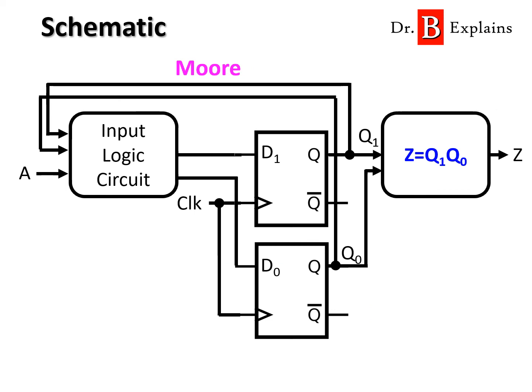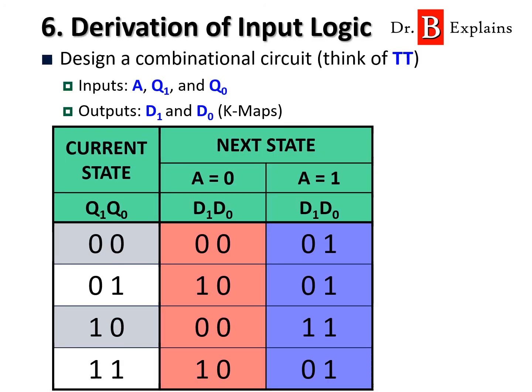Now we need to determine the input logic circuit. So now we have our flip-flop input table, and you need to think about this as a regular combinational circuit, but the format the table is organized in is not very clear.